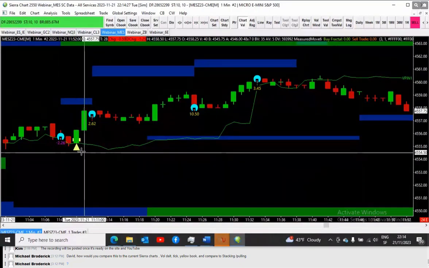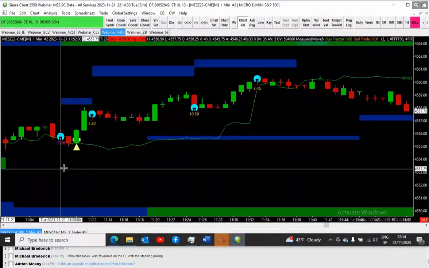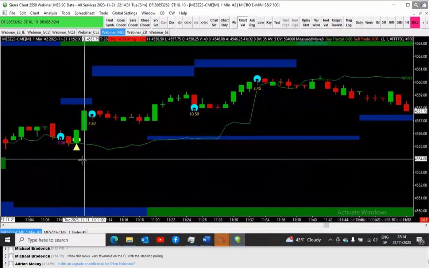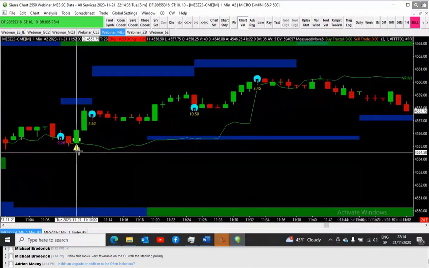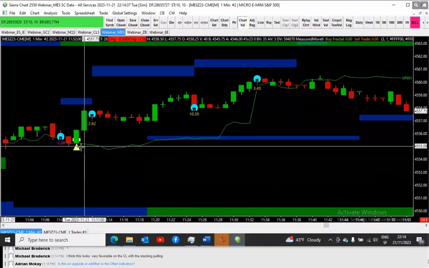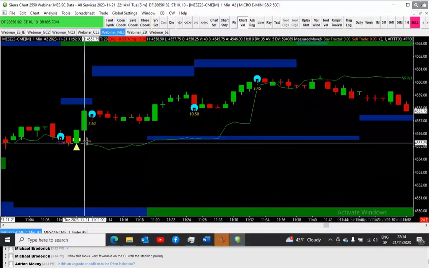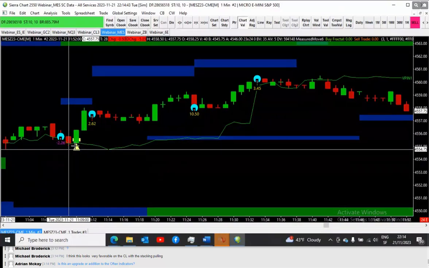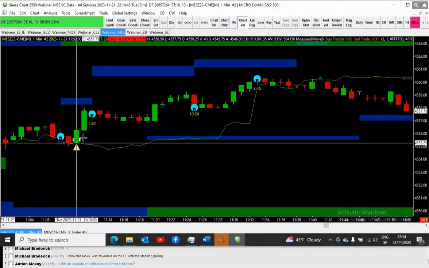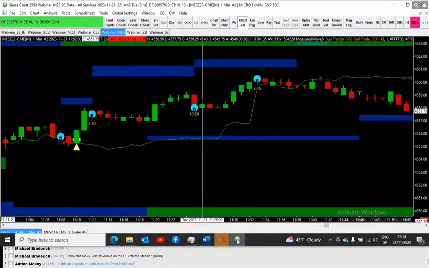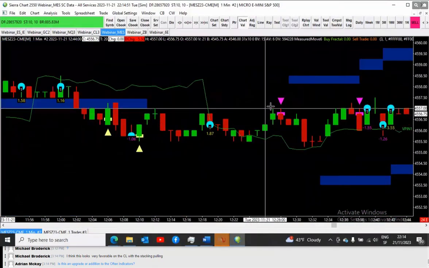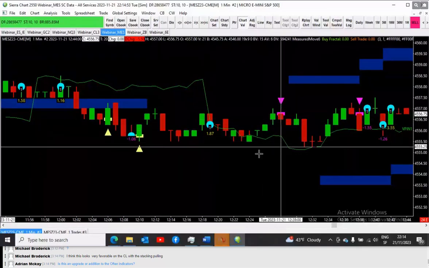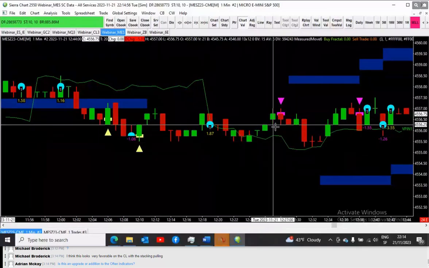This other indicator on here is a price reversal indicator called PREV. It will paint a yellow upward triangle if it's detected that price is about to reverse and start going up, or a pink downward facing triangle if it thinks price is about to go down.